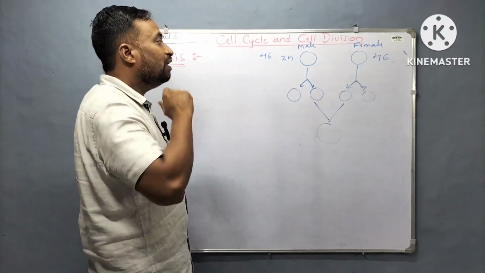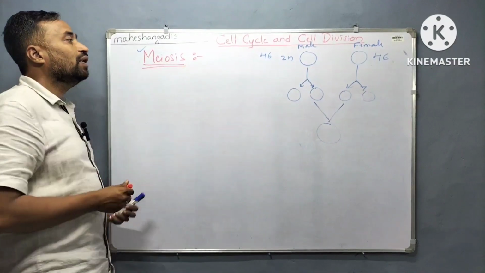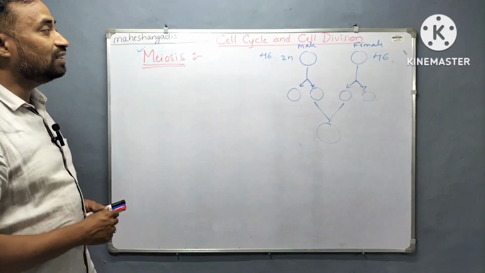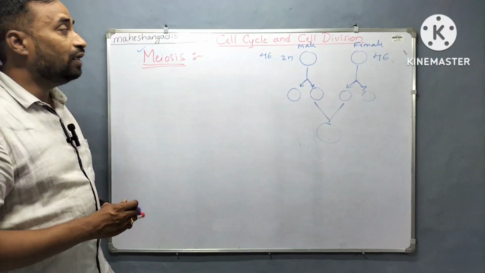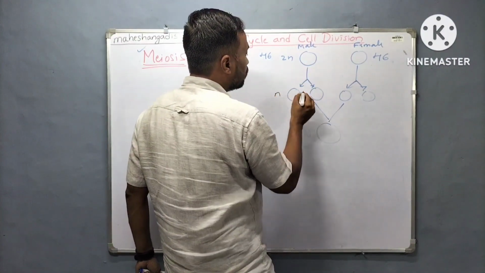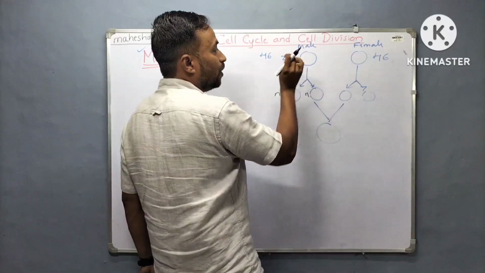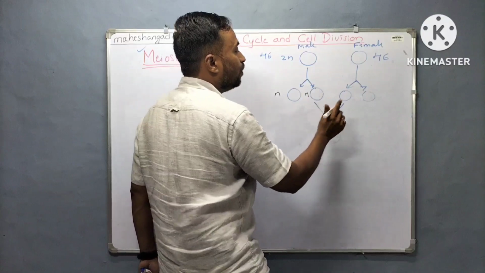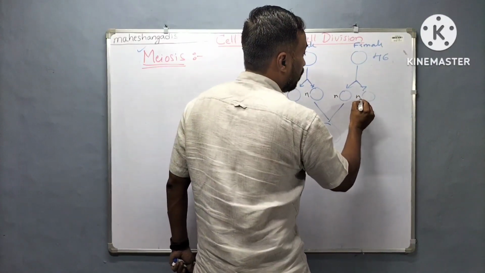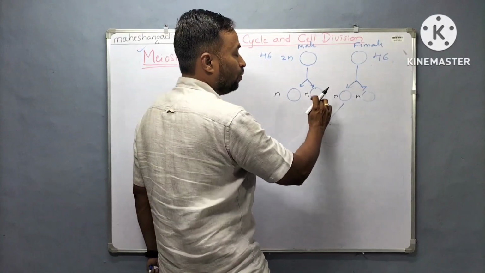So we need one special kind of cell division, that is nothing but meiosis. Meiosis is a reductional division in which the chromosome number is reduced to half. If the parent has 2n chromosomes, then gametes are going to have a haploid set of chromosomes, that means n chromosomes.